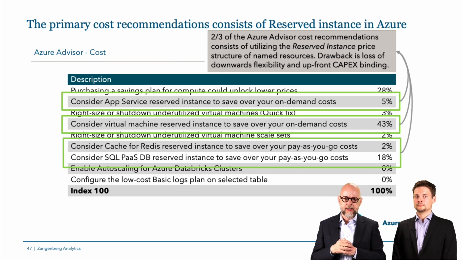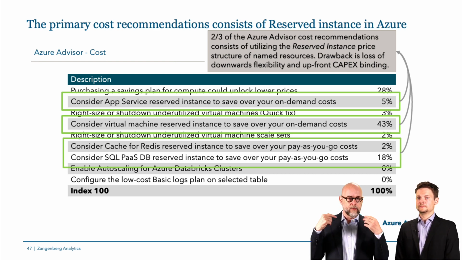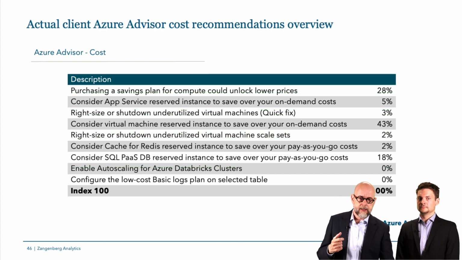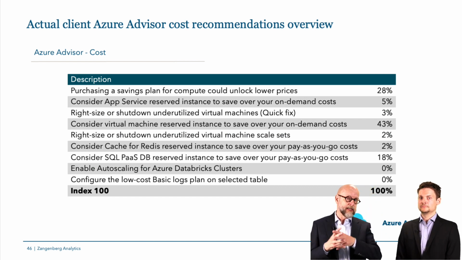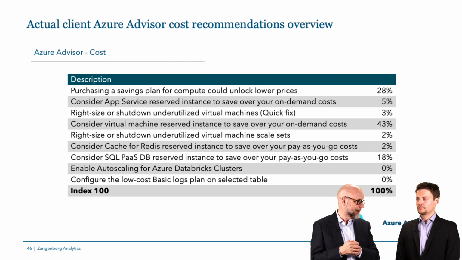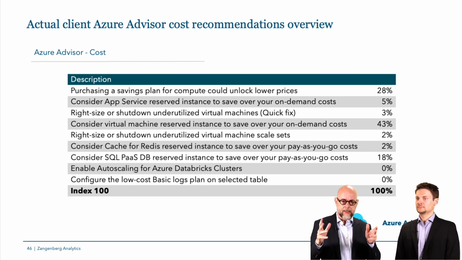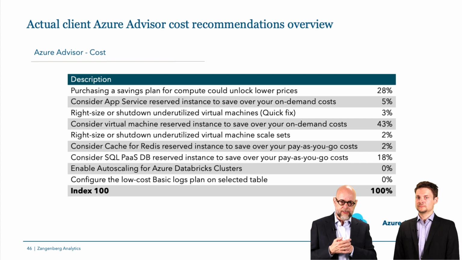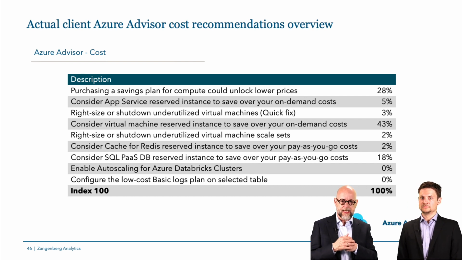And then they have the rightsizing, which in this case gives you quite a pretty small gain here. Shutting down underutilized virtual machines is 3%, and 2% on the shutdown of underutilized virtual machine scale sets.